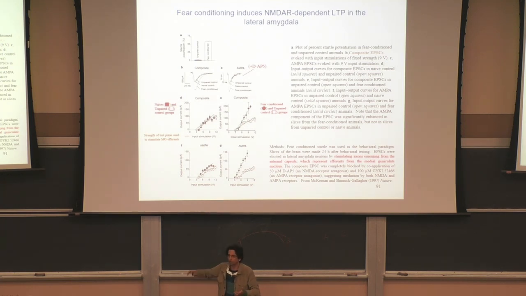This is what was known before this paper was done. They knew plasticity in the amygdala is necessary for fear conditioning, that amygdala cells receive convergent auditory and pain information, and that the auditory input gets strengthened after behavioral fear conditioning.